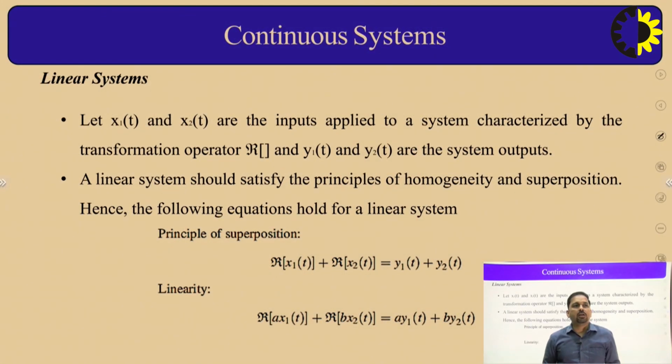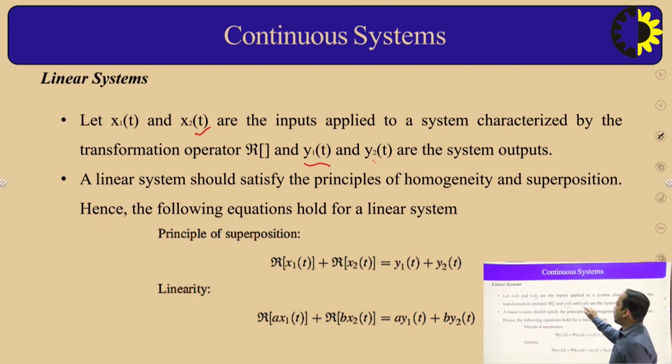So what is a linear system? A system is said to be linear if it follows the principle of superposition, and the principle of superposition consists of additivity plus homogeneity. Let's say x1 and x2 are the input signals applied to a system, characterized by some function, and it will give rise to y1(t) and y2(t).